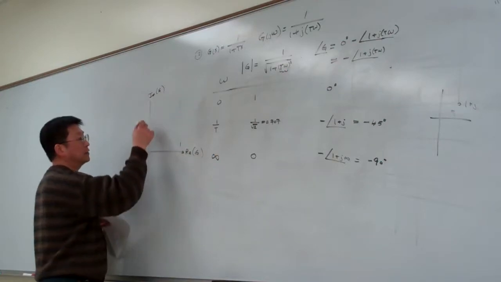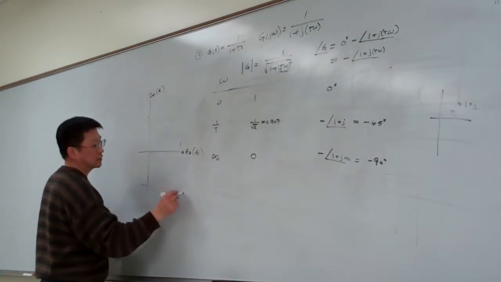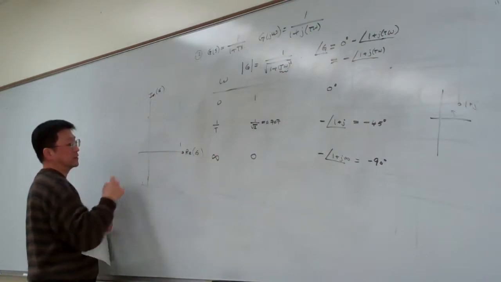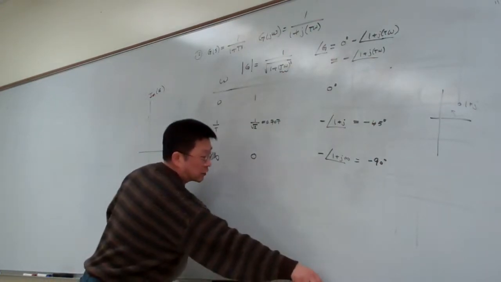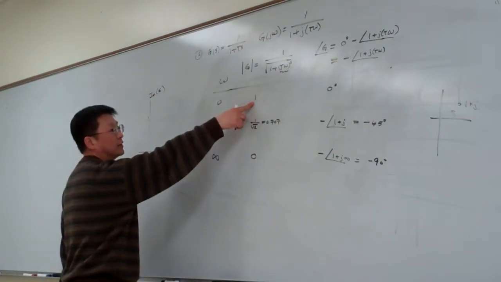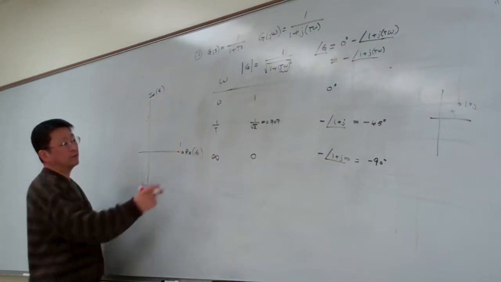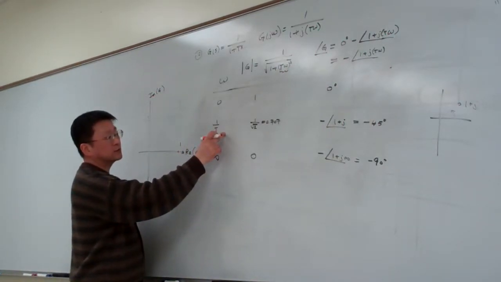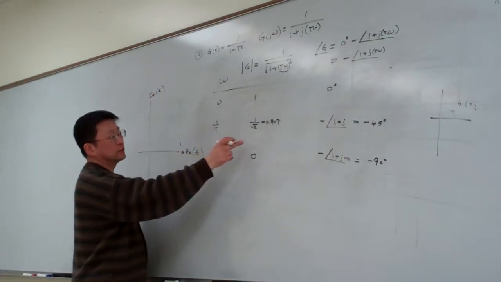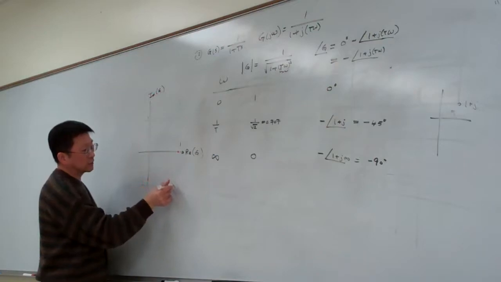So this is 1 and this is 1. Okay, let me scale the plot here. This is 1, this is 0 here. Okay. So for this one, this is magnitude 1 and at 0 degrees. So that is here. And for the second one, that is the magnitude, that is at 45 degrees. So 45 degrees is in these orientations.